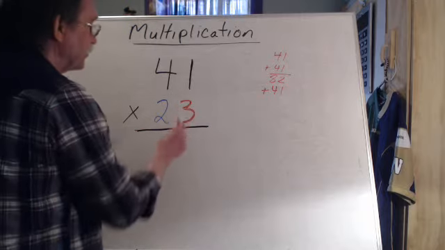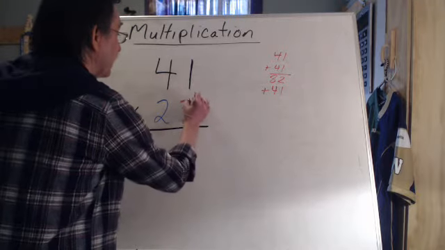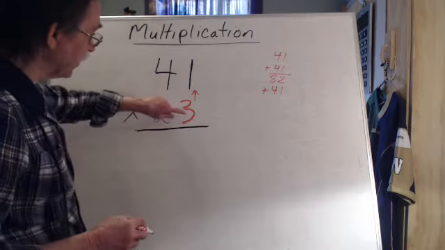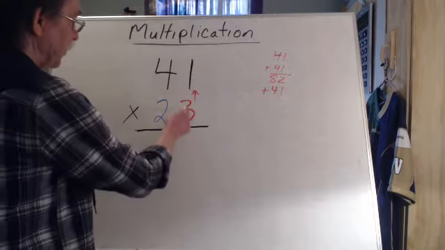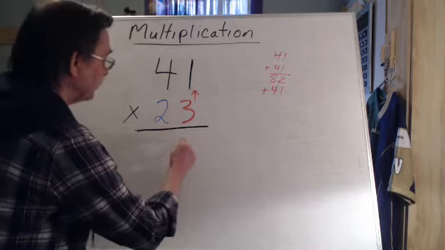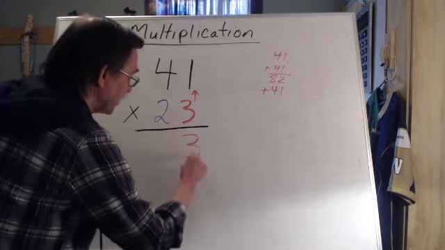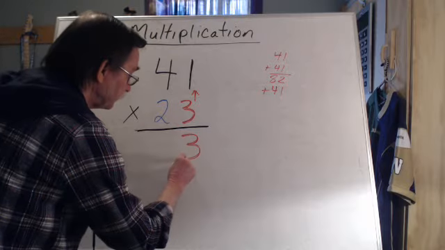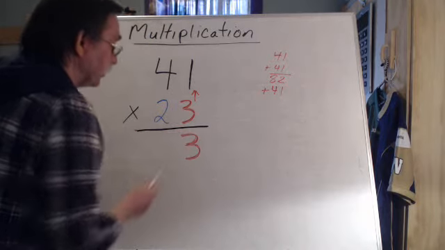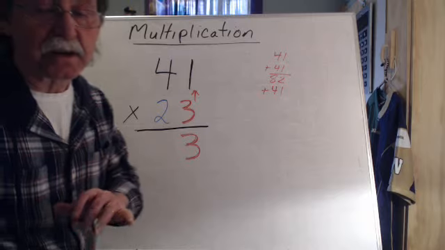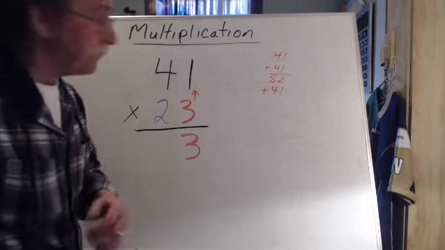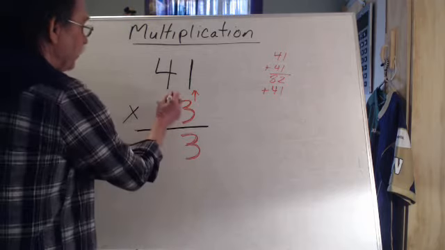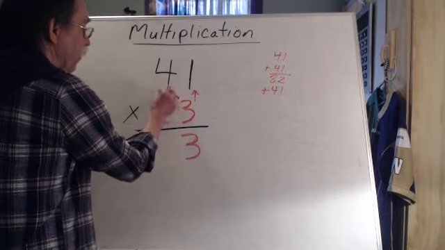3 times 1. I'm going to go 3. I'm going to put an arrow here because that tells us I've got to multiply 3 times 1. What is 3 times 1? It is 3. Pretty easy. I put easy numbers in here so that we can learn the method. Okay, now we go 3 times 4.